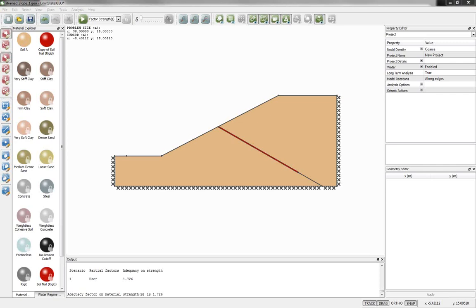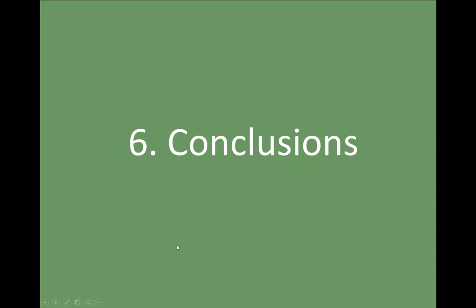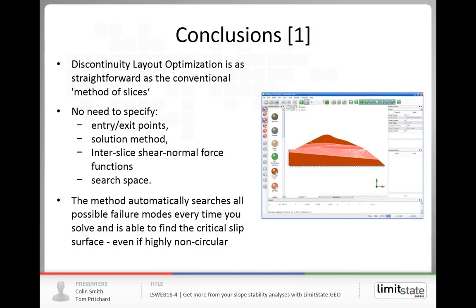So we'll quickly jump back to the PowerPoint at this point and wrap up. So what I hope you've seen from this short presentation is that using the software, it's as straightforward as a conventional method of slices in terms of the parameters that you need to feed in.